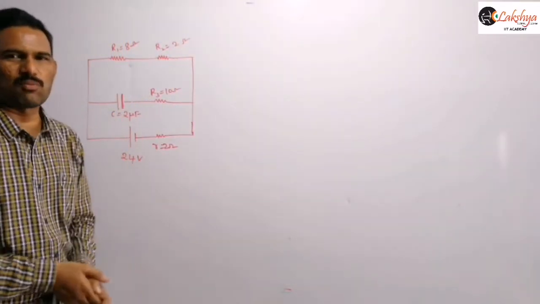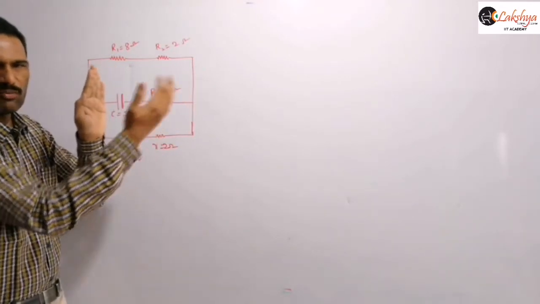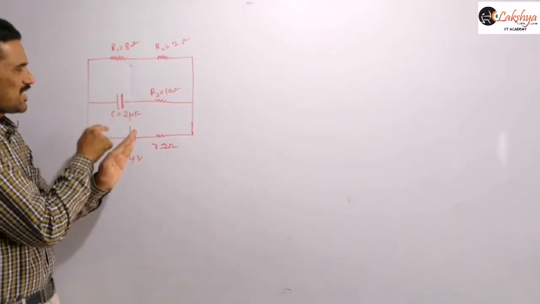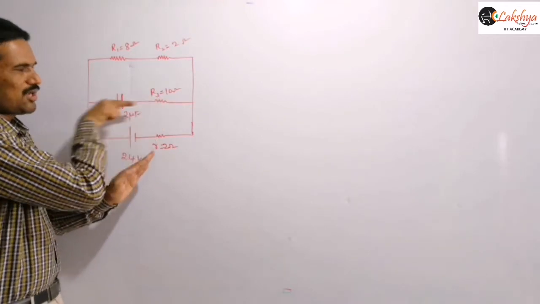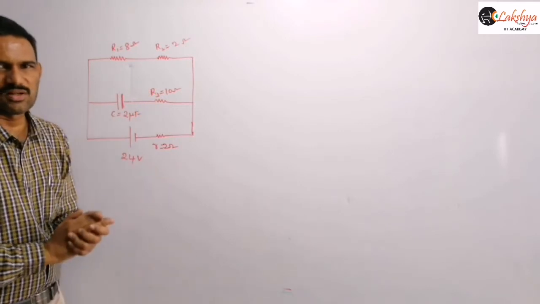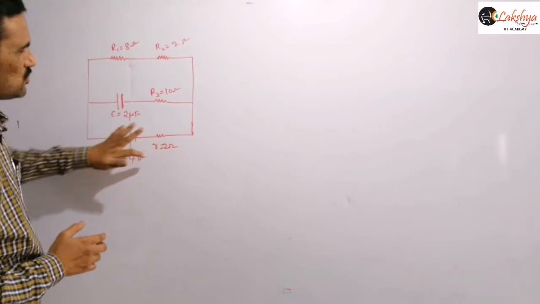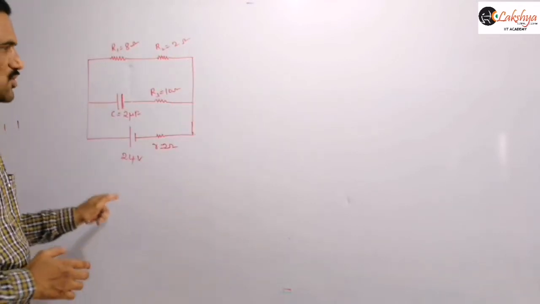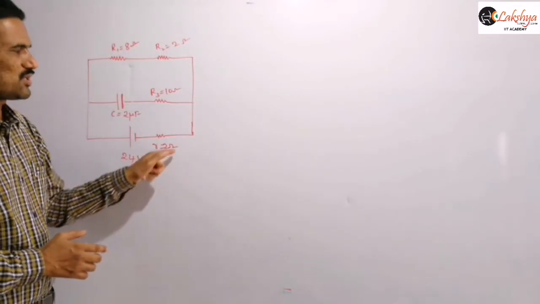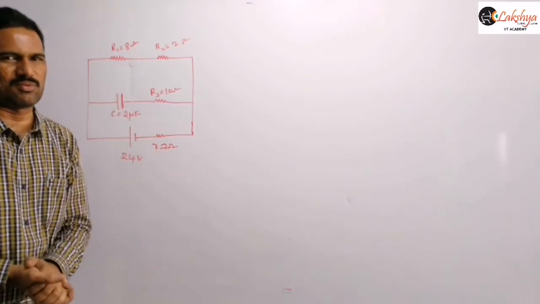There is no connection from one place to another place here, so the charge reaching this capacitor cannot jump from one plate to another plate, whereas for these charges a continuous path is there. So current will flow through this R1, R2, but there is no current flowing in this path. That is the most important point you need to remember.